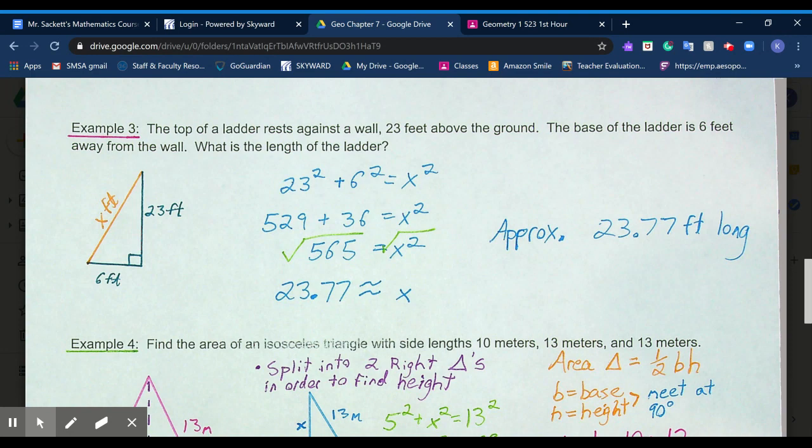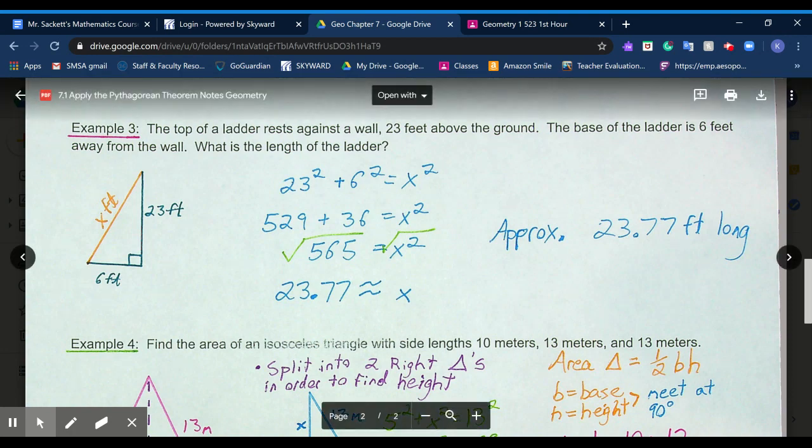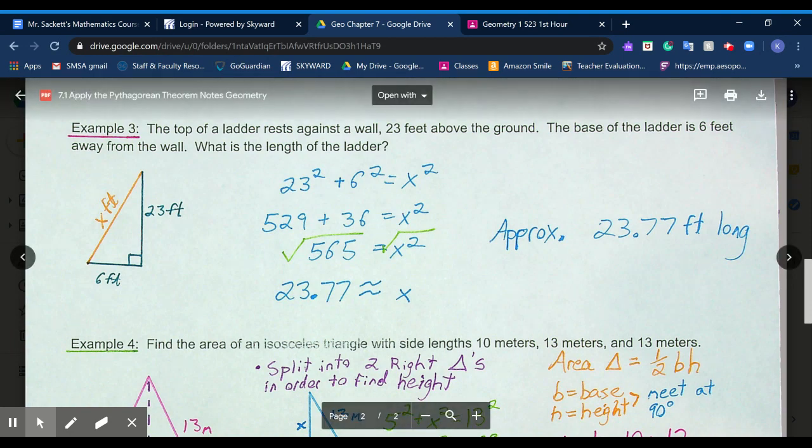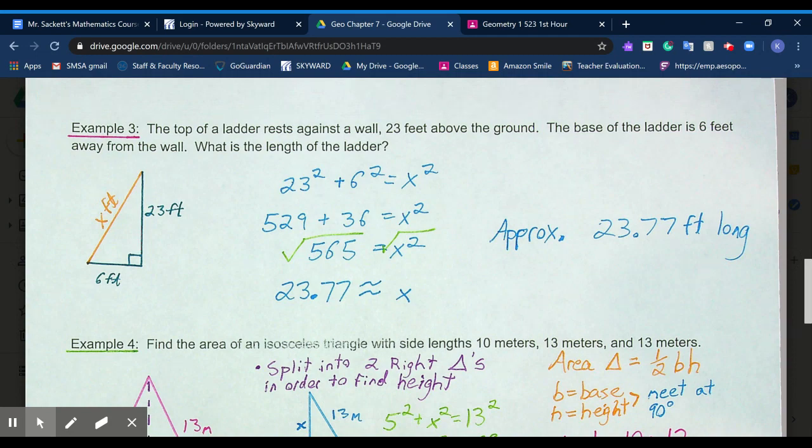Because they didn't say to put the answer in simplified radical form, I would just put the square root of 565 into your calculator, and again, round your decimal typically to 2 decimal places unless directions tell you otherwise. So 23.77 feet long.